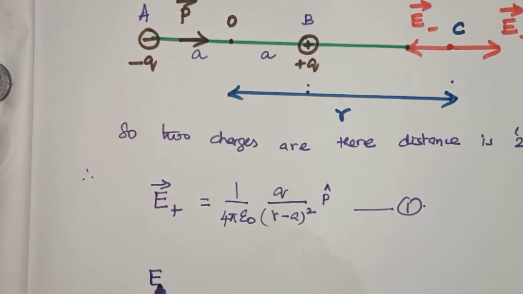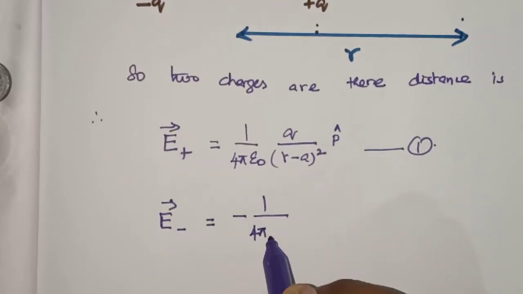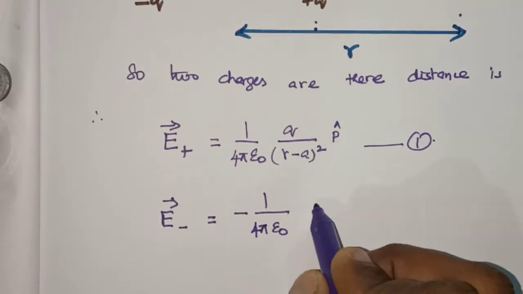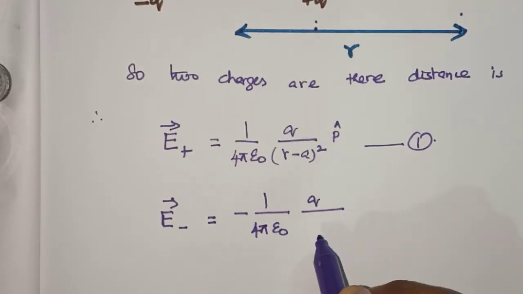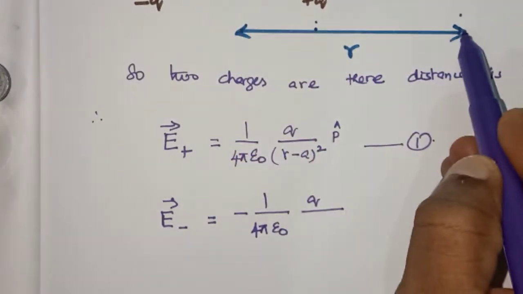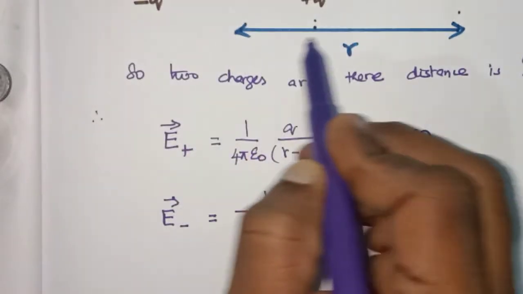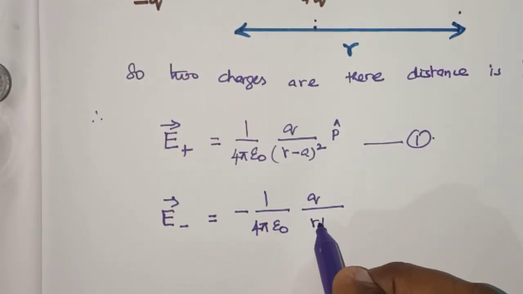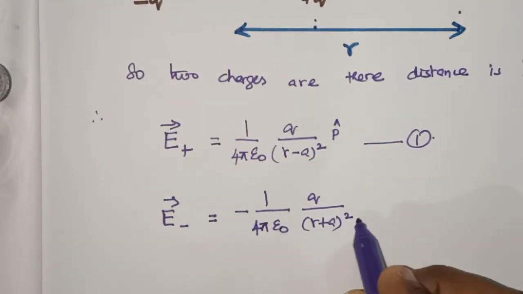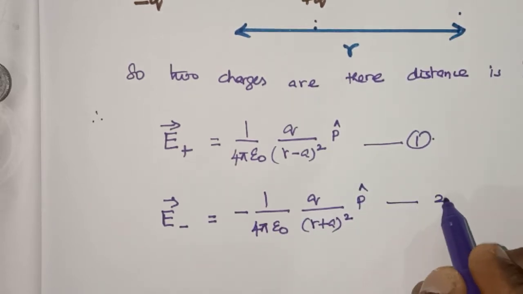E vector minus equals minus 1 by 4 pi epsilon naught Q by, what is the distance here? From up to this is R, and from O to A is A. Therefore R plus A whole square into P cap. This is equation number 2.